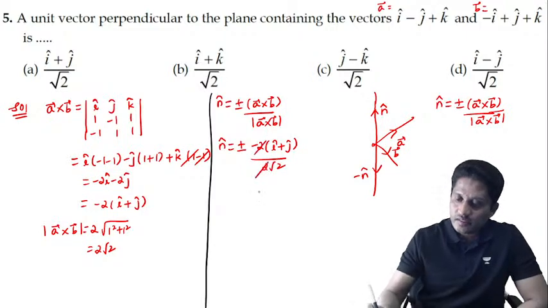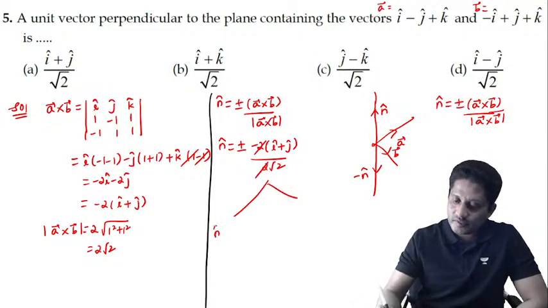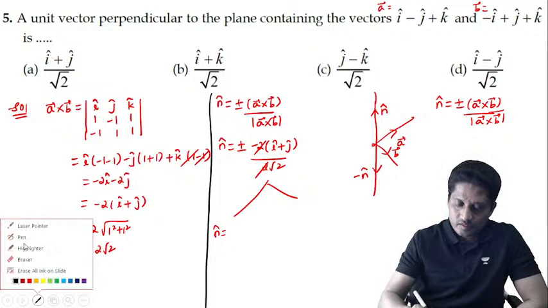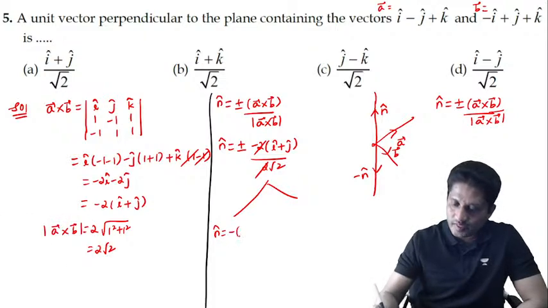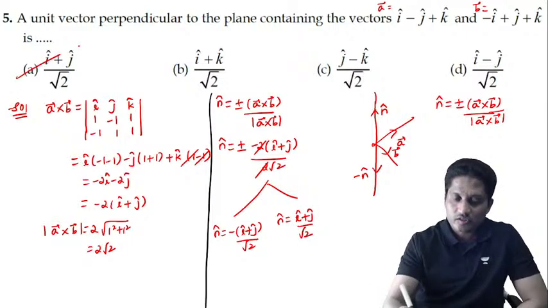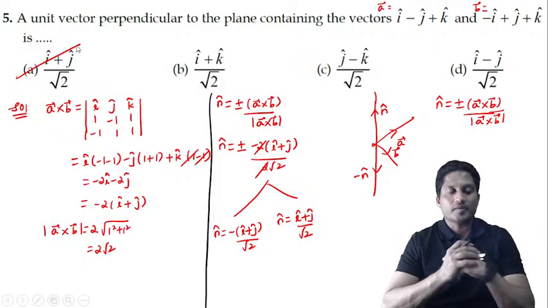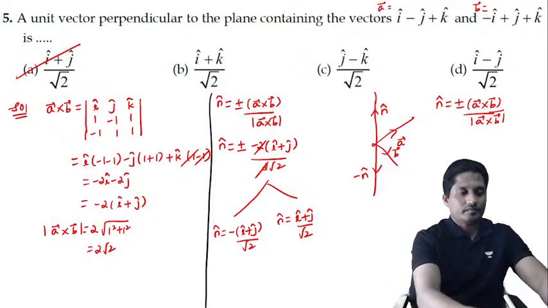Cancel the 2, you get plus and minus. So n cap is equal to minus of i plus j by root 2. Minus of minus will be plus, so it will be i plus j by root 2. Answer is option A only. That is the unit vector perpendicular to both A and B.